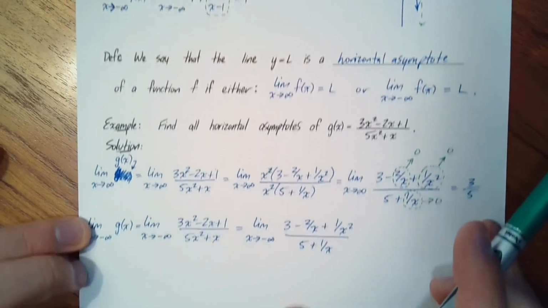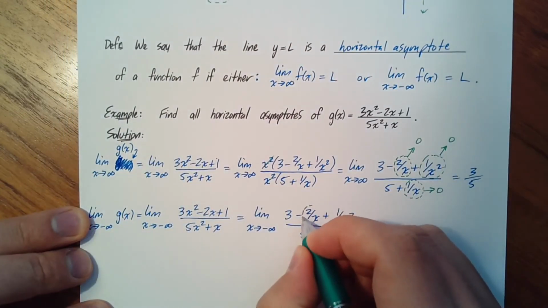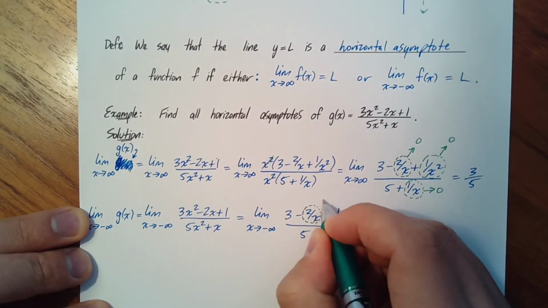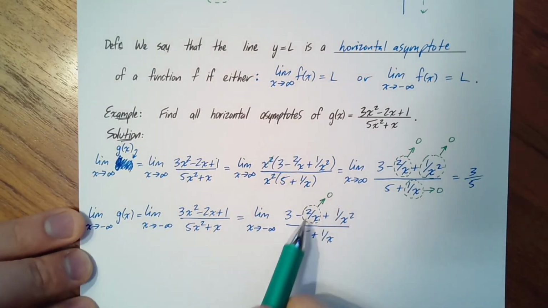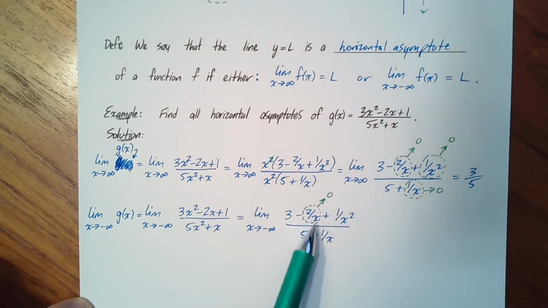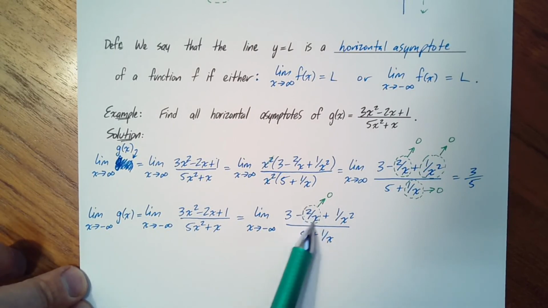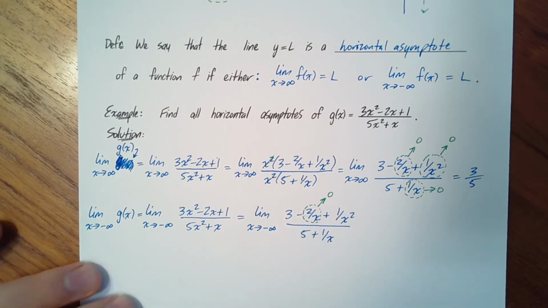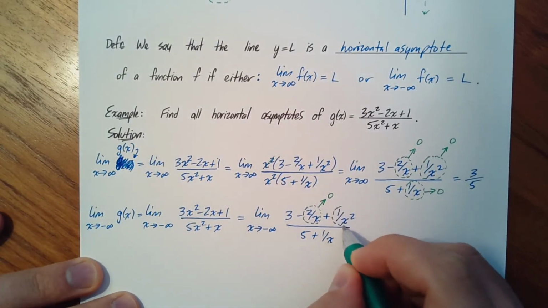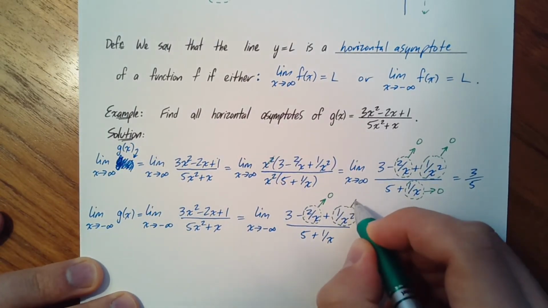And that's the same thing that's going to happen here. 2 over x is still going to become arbitrarily small since the numerator is a constant, 2, right? And the denominator is getting arbitrarily large. It just happens to be in the negative direction. So this fraction really will be negative, but it's still going to go to 0. 1 over x squared, that's going to go to 0 as well.